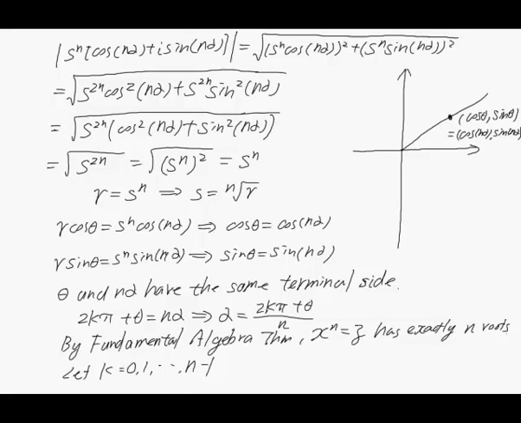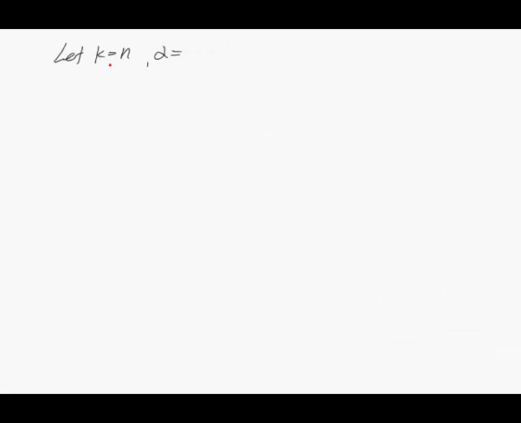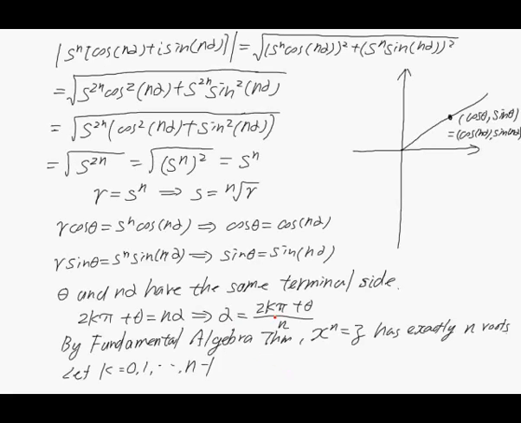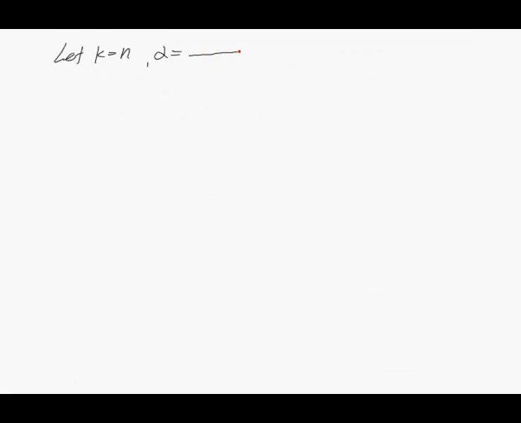So now, let's see what happens if we let k be n. And by the formula, alpha is equal to 2k pi plus theta over n. Then k is equal to n, so we have 2n pi plus theta over n. Now this is just equal to 2 pi plus theta over n.